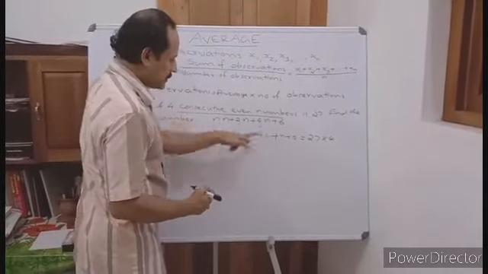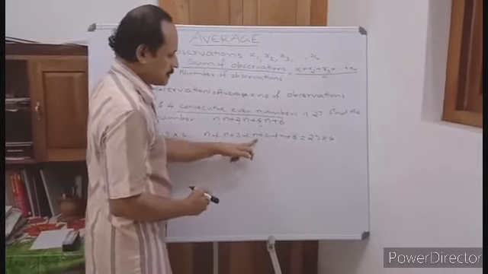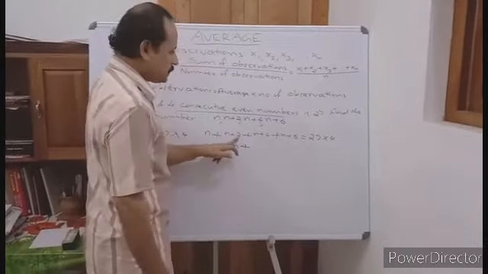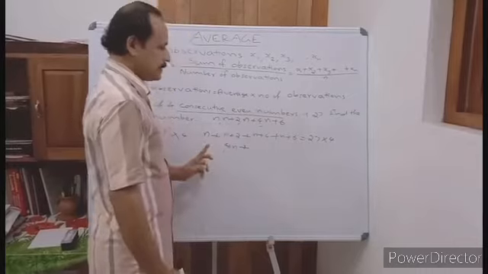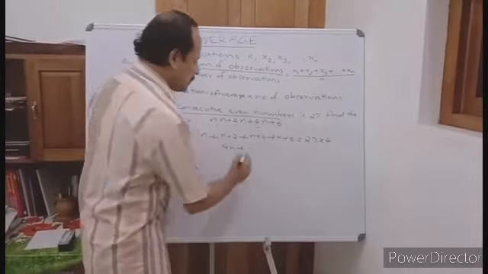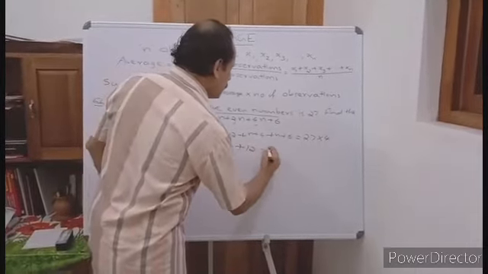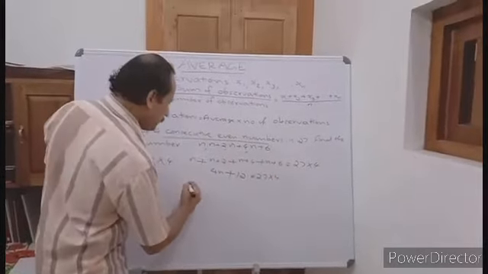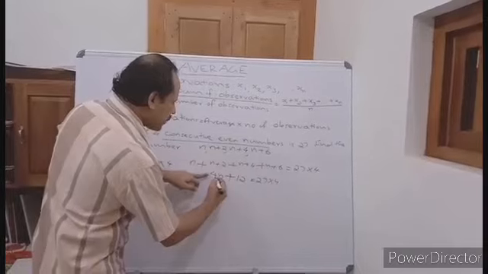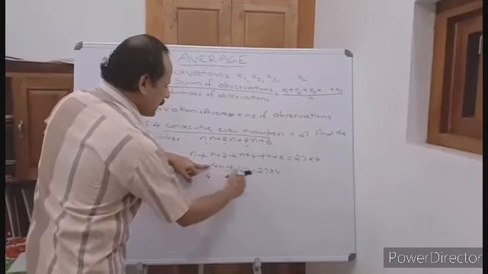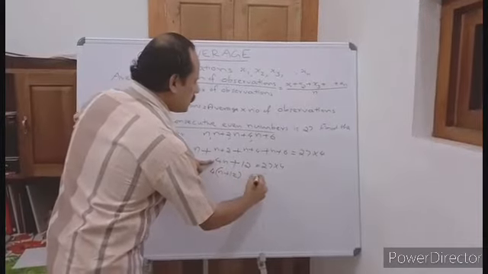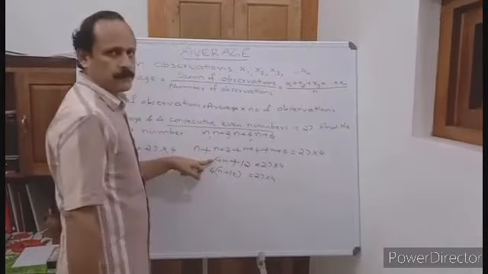And here you add these terms, n plus n plus n plus n, that is 4n, plus 2 plus 4 plus 6, that is 6 plus 6, 12, equals 27 into 4. And you take 4 as a common factor from the left side: 4 into n plus 12 equals 27 into 4.